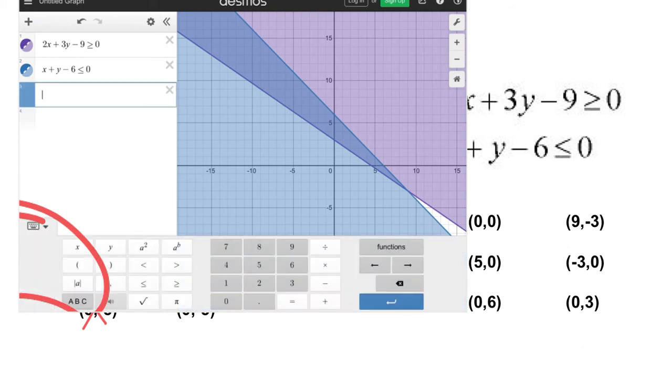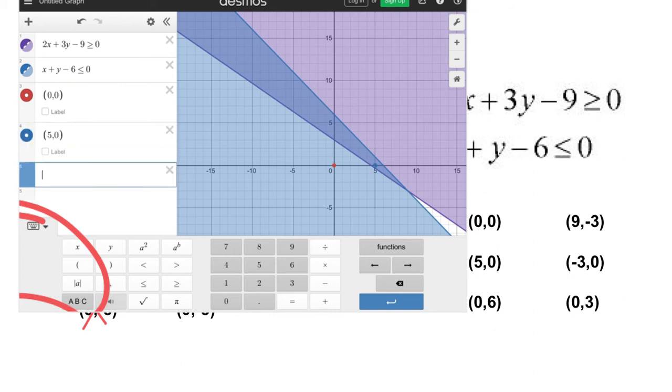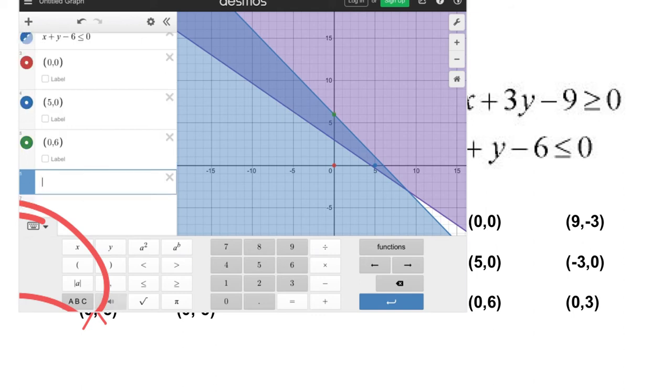So if I'm testing the points for this, (0, 0) is first on my list. I always test (0, 0). (5, 0). (0, 6). (9, −3). (−3, 0). And (0, 3). That's all of our points.